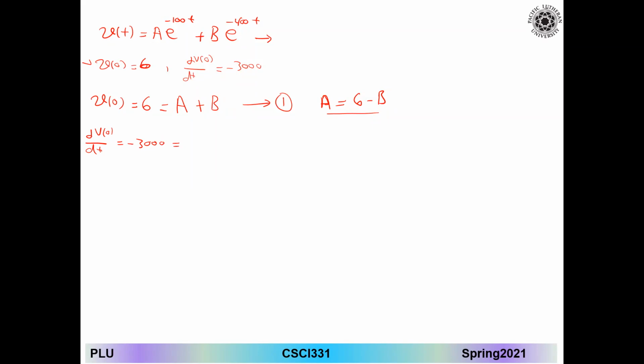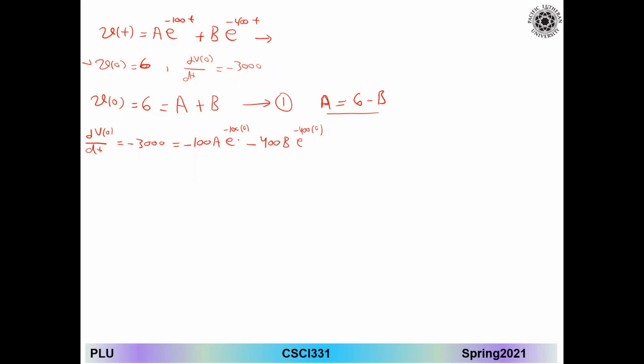What I'm going to do is take the first derivative of this equation and then take t equals 0. So basically that means minus 100 times A e to the minus 100 times 0. Second one, minus 400 times B e to the minus 400 times 0.